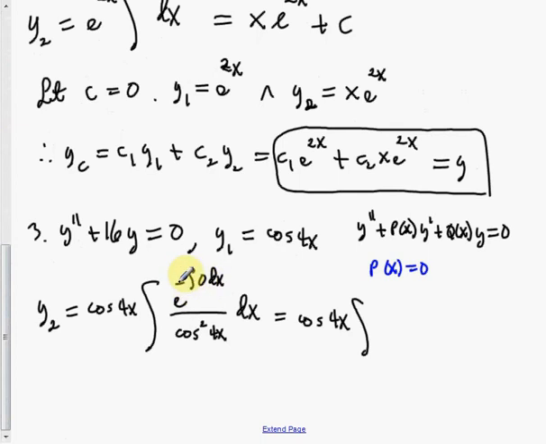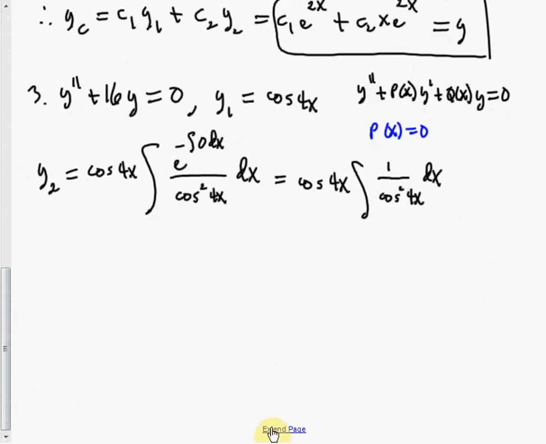This is e to the 0, so this is just 1 all over cosine squared 4x dx. When I flip that, I have this second solution. It's cosine 4x times the integral of secant squared 4x dx.